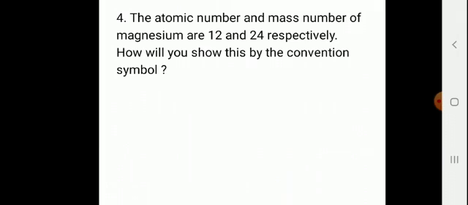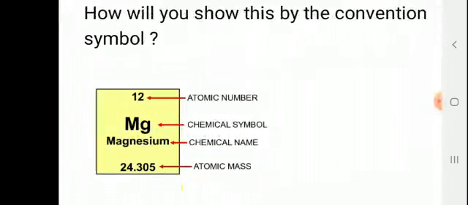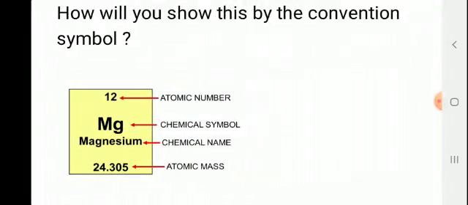The atomic number and mass number of magnesium are 12 and 24 respectively. How will you show this? By conventional symbol. Atomic number is 12 and 24 is the atomic mass number. Chemical symbol of magnesium is Mg. So this is the way conventional symbol and atomic number and mass number is shown here.